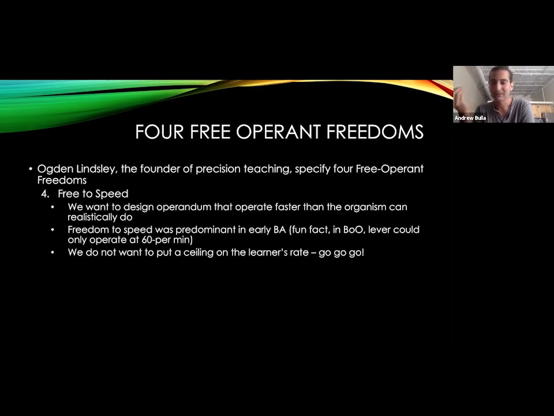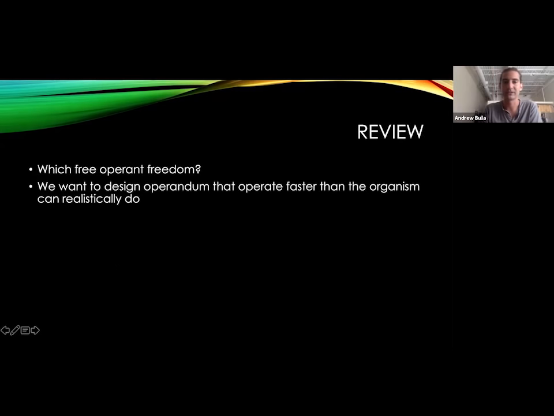In fact, fun fact, in The Behavior of Organisms, in that book, there was a restriction on how many times the rat could press the lever because it was only counting one per second. So they can only max out at 60 per minute. So there was a little bit of restriction there. But we never want to put a ceiling on the learner's rate. We want them to go, go, go. And in a free operant paradigm, they're able to respond at their natural frequencies.